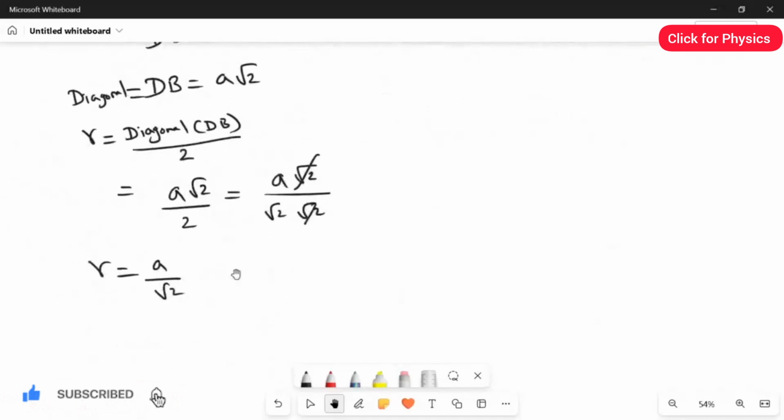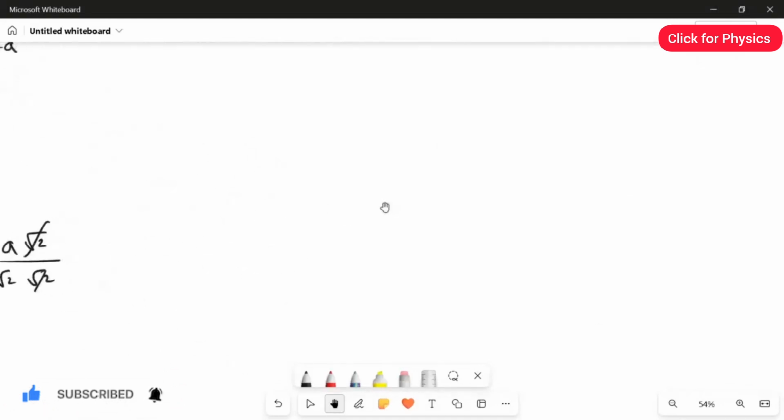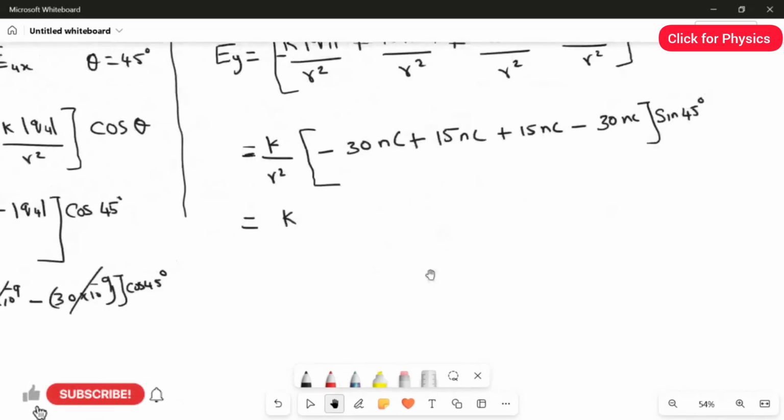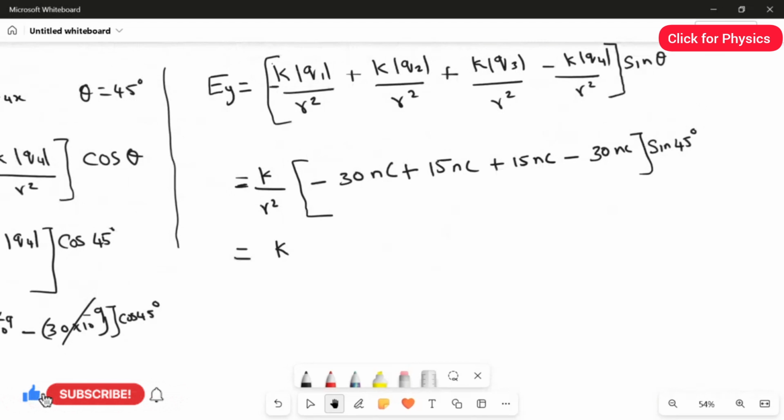So what's the value of r here? A over root 2, but here it is r square. So you have to square this term and substitute the value here. When you substitute the value, what you will get is a square over 2.